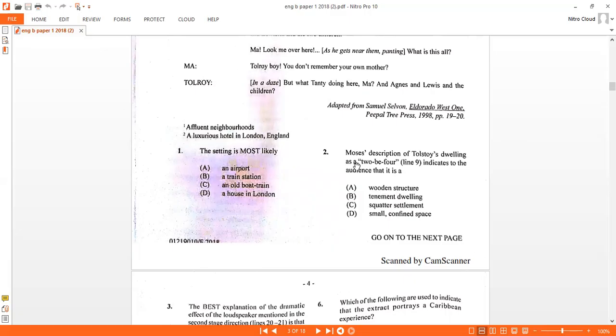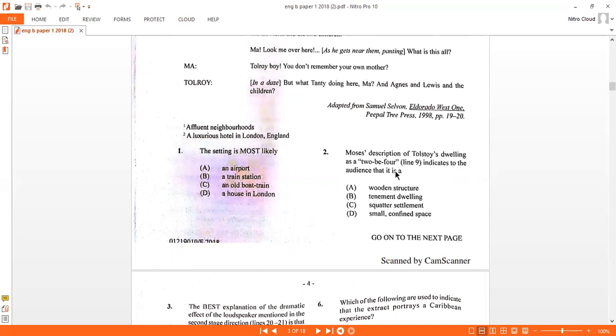Now, when the question actually gives you a line, I suggest that you go back to the line and read it before you even select your answer. So let us do that. The question is saying, based on Moses' description of where Tolroy lives, his dwelling is described as a 2x4.